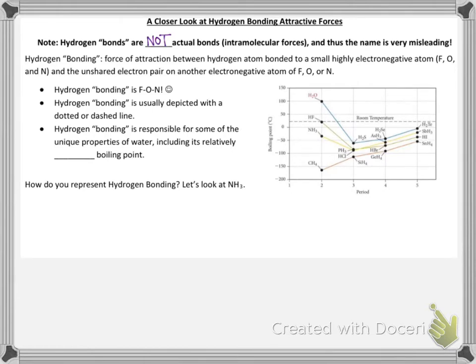Hydrogen bonding is the attractive force between a hydrogen atom that's bonded to fluorine, oxygen, or nitrogen, and the unshared electron pair on another atom in a separate molecule of fluorine, oxygen, or nitrogen. We depict the IMFs of hydrogen bonding just like we do other IMFs with a dashed or dotted line, not just a solid line, because then we'd be saying it's a real bond.